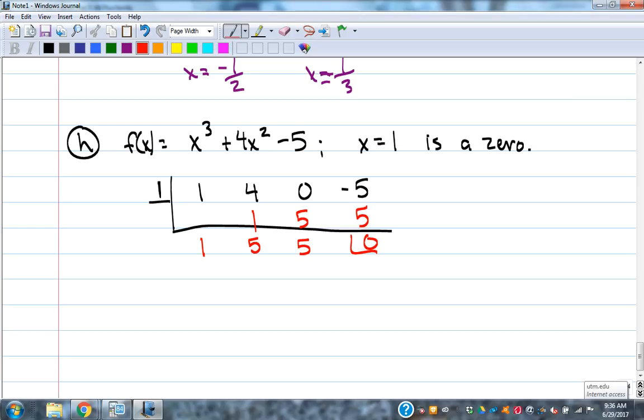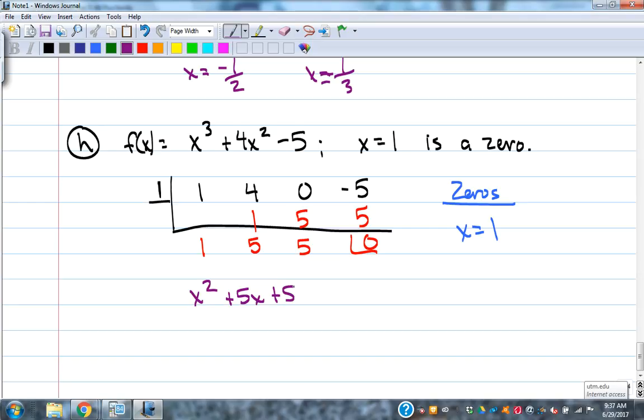Yep. Now, from there, that tells you x equals 1. We know that that's a 0. We got to find the other 2 that go with this problem. We know there should be 3 because it's x cubed. So x squared plus 5x plus 5.